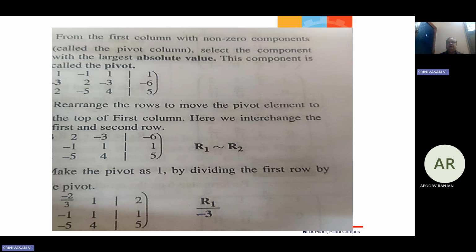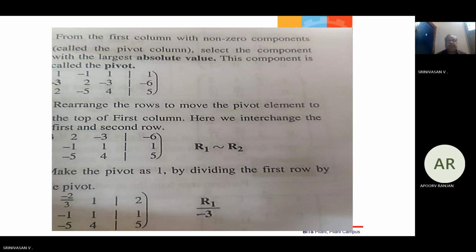That is important. Not only largest, but absolute. Because if you take, for example, 1, -3, 2, then 2 is the largest. But if you take absolute values, this is 1, this is 3, and this is 2. So which one is now largest? The modulus of -3, which is 3.